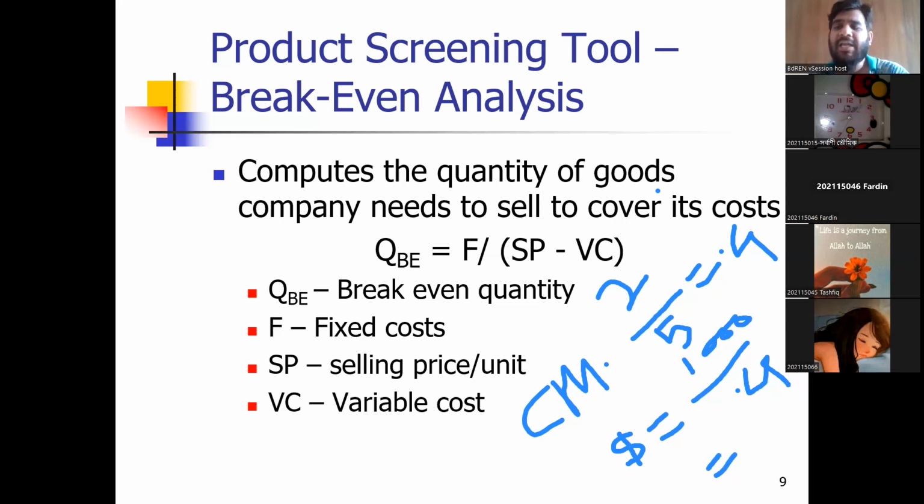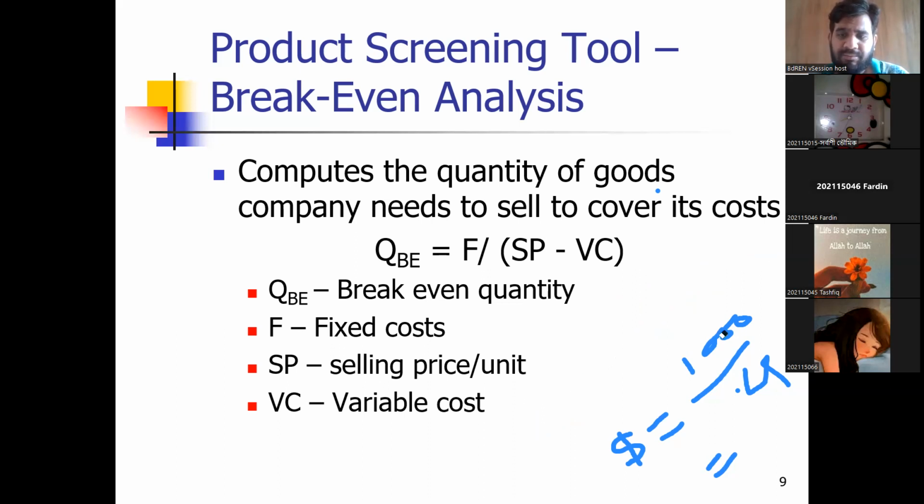All right. You can use this break even point analysis as a product screening tool. How to screen the idea? One of the tools is break-even analysis.